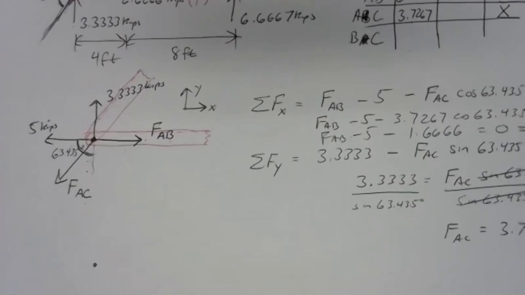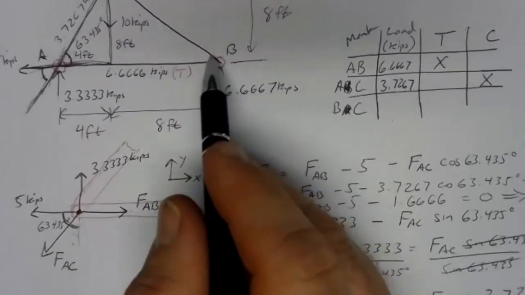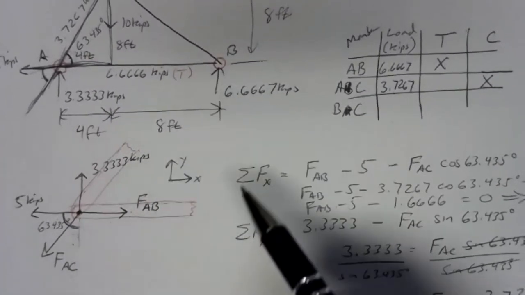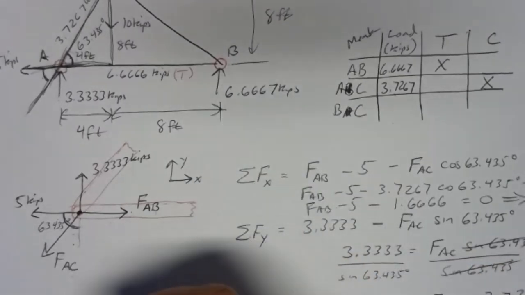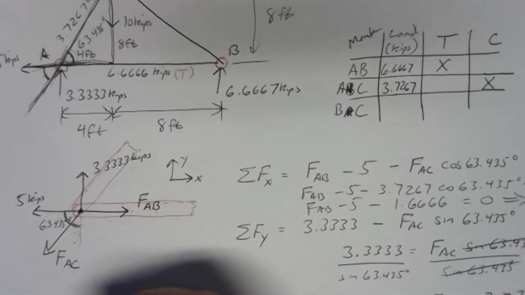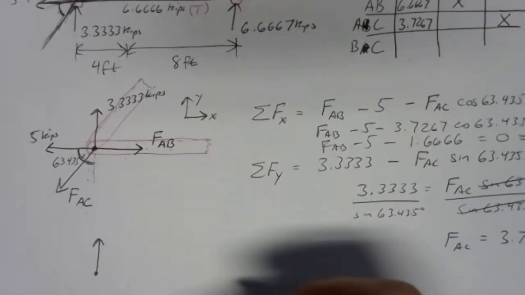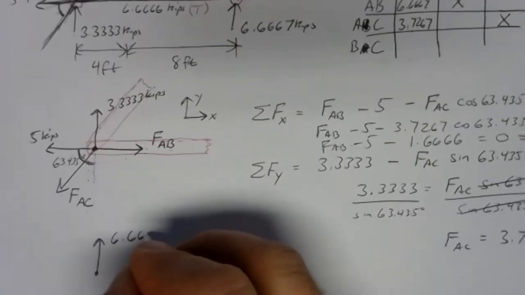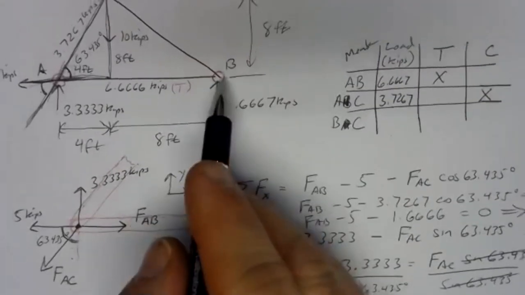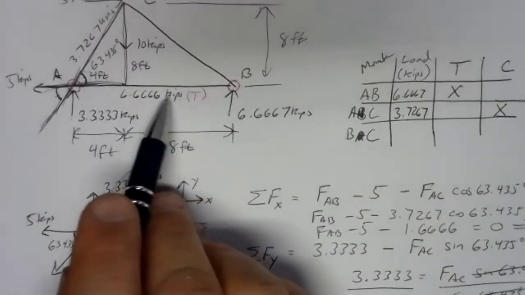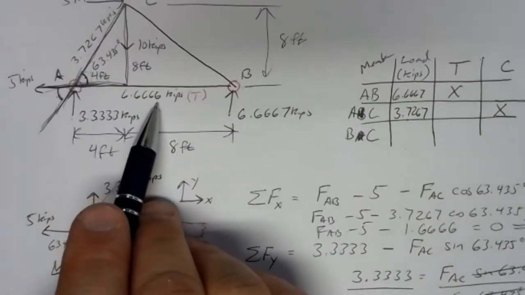There's joint B. And if we look at joint B, there are three forces interacting at joint B. We've got our reaction force at 6.6667 kips, and that's up. And I'm going to draw that as a pull upward, 6.6667 kips. Then we've got one member we already know. We know what's going on with member AB.